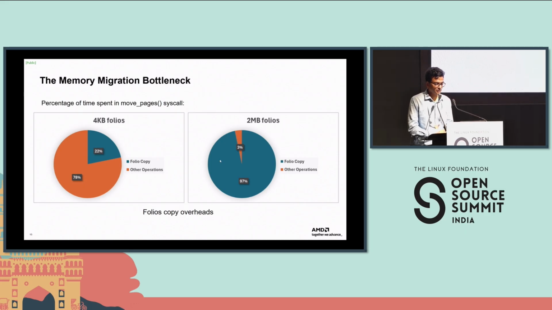For 2 MB folios, 97% of the overhead was folio copy, and 3% was from other operations. So this shows that we can optimize the folio copy part to improve the performance of page migration.